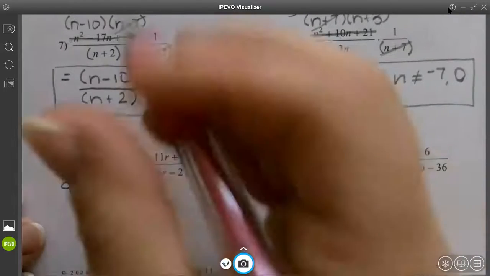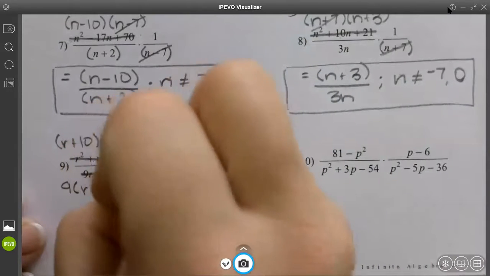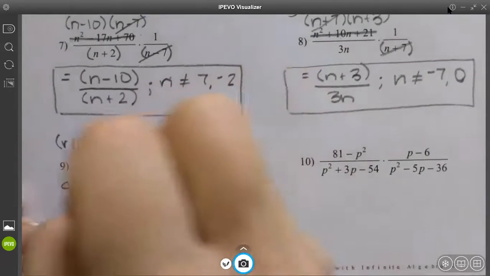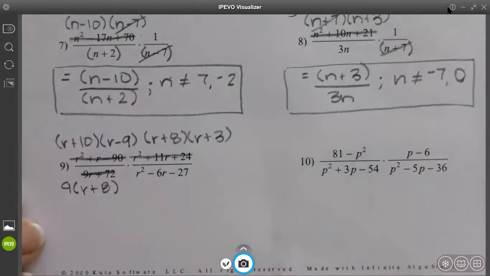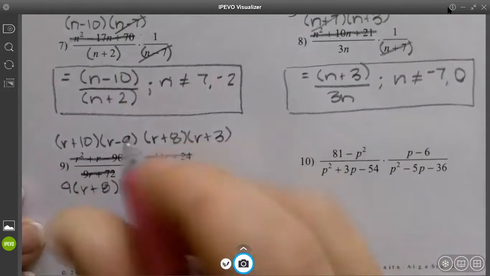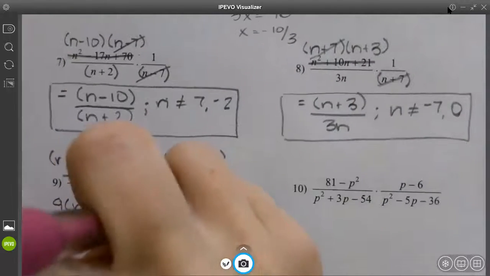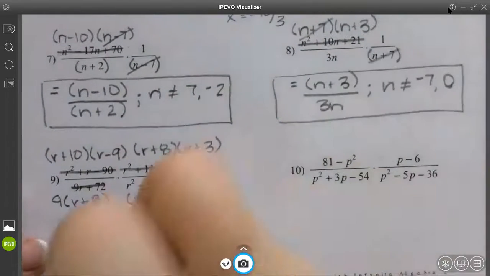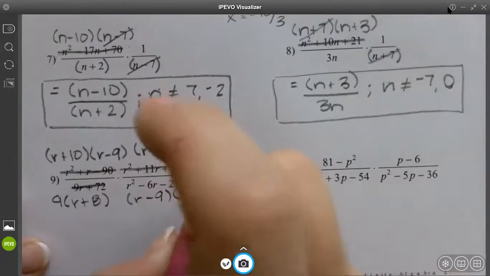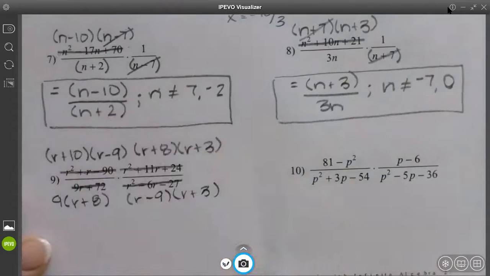Factors of 24 that add to 11 are 8 and 3. And factors of negative 27 that add to negative 6 are negative 9 and positive 3. Right.